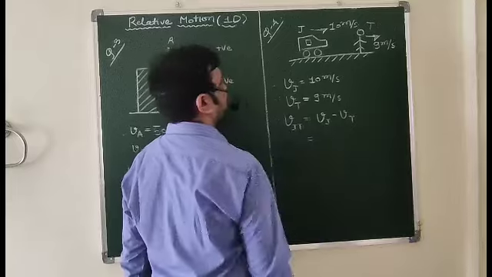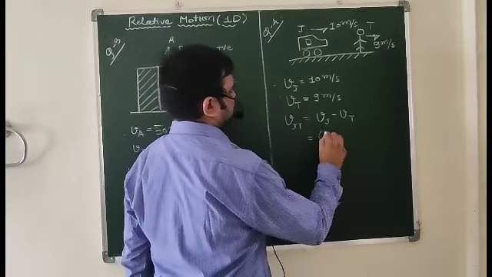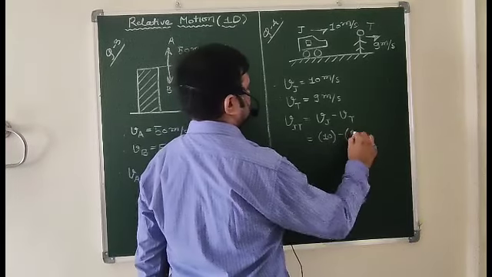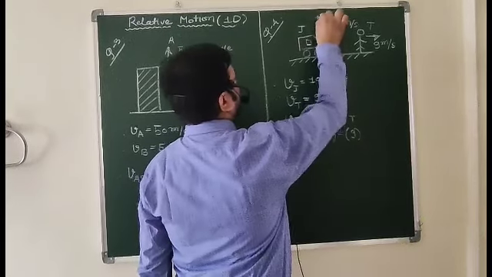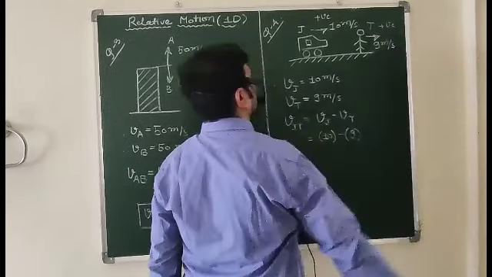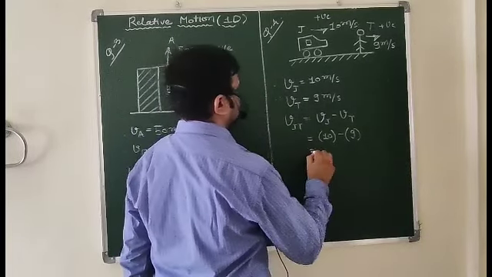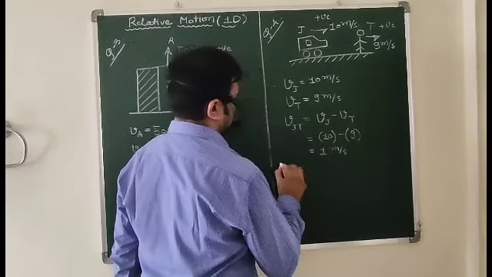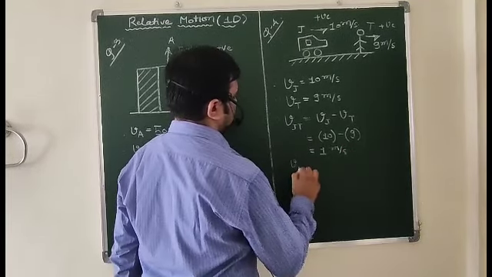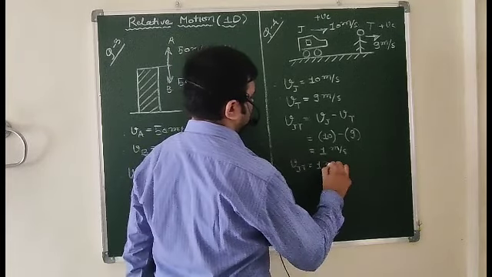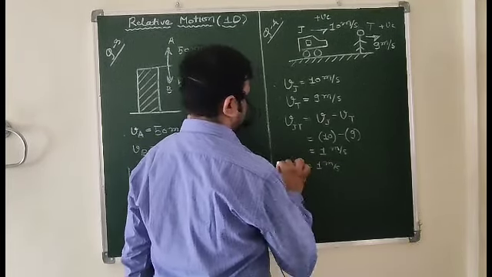So here Vj is 10 meter per second and Vt is 9 meter per second, as both are moving in the positive x direction. So 10 minus 9 is 1 meter per second. So Vjt is equal to 1 meter per second.